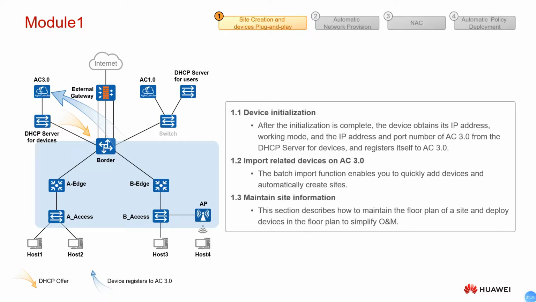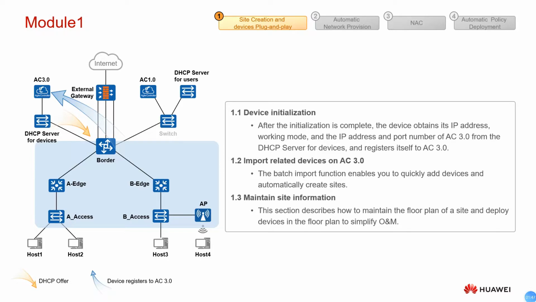Because we have already deployed a DHCP server in the network, after the initialization the devices will automatically send the DHCP discover and request to find the DHCP server and finally get the offer for the IP address and the IP address of the AC 3.0 from the DHCP server.